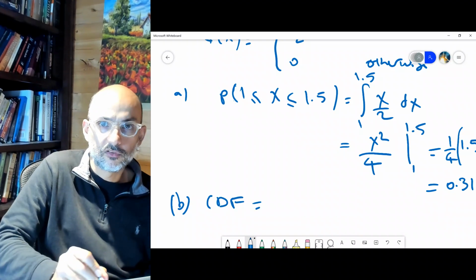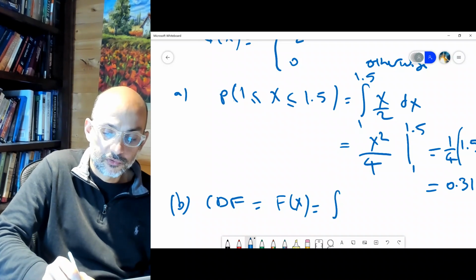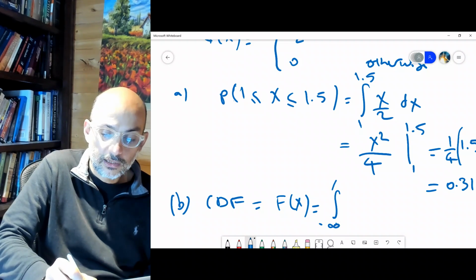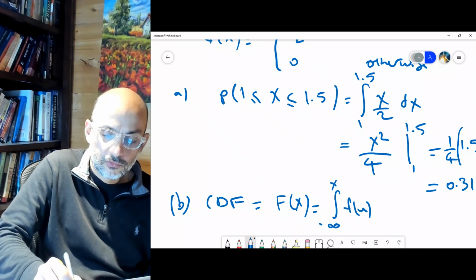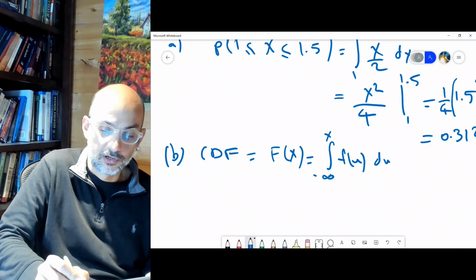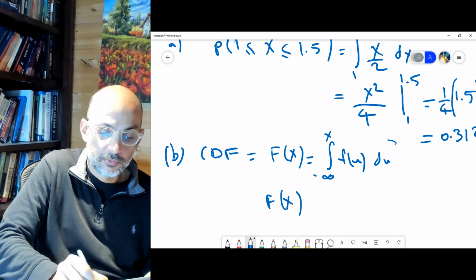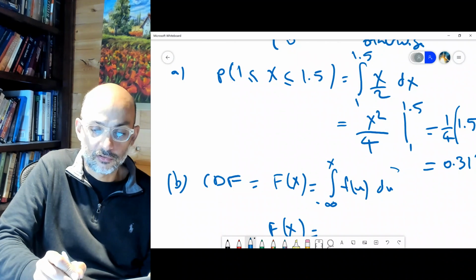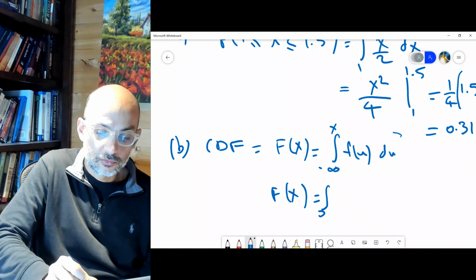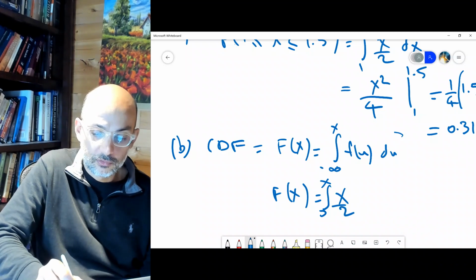Remember, cumulative distribution function, we usually say F of x, and the definition of it in general form is from minus infinity to x, f of u du. We just use u for the general definition, right? So if we find F of x for our example, we don't have negative infinity. Our function starts from 0 to 2. But we start from 0 to x, and our function is u over 2 du.